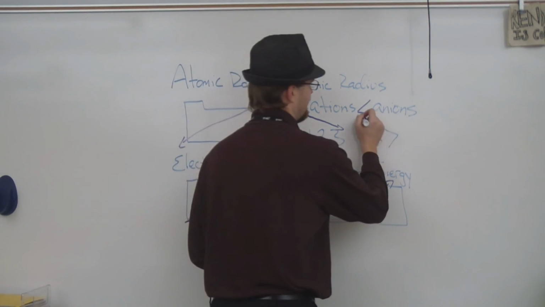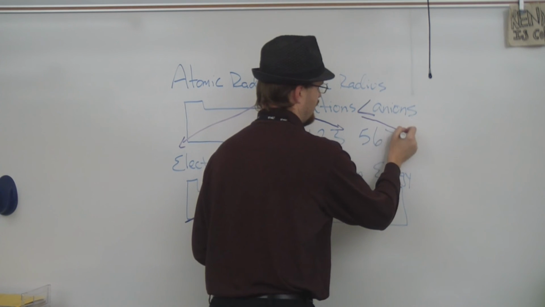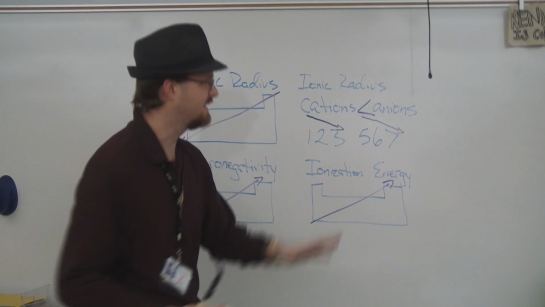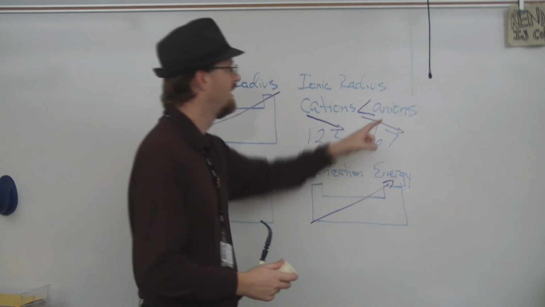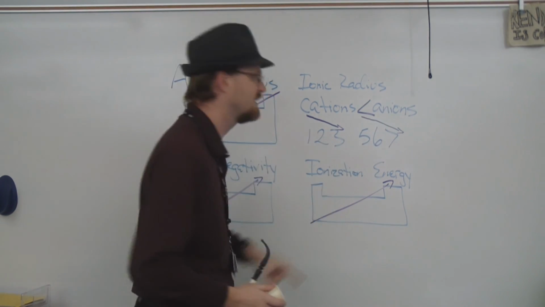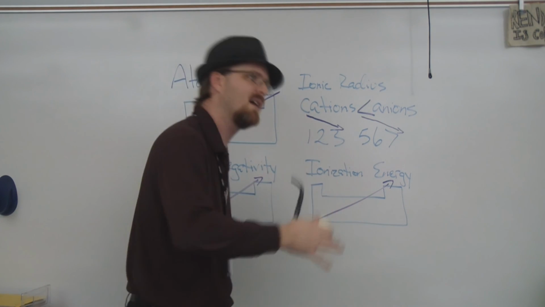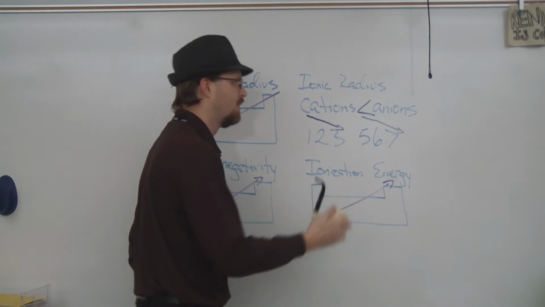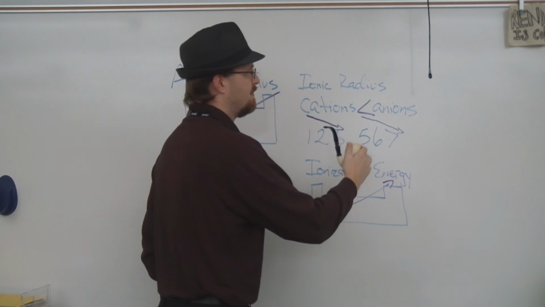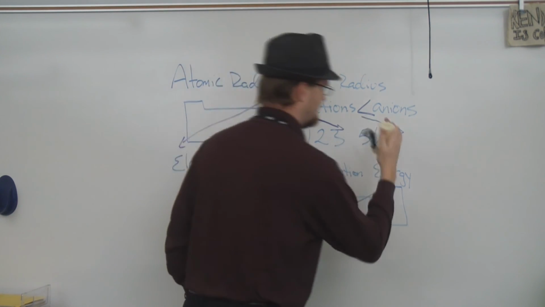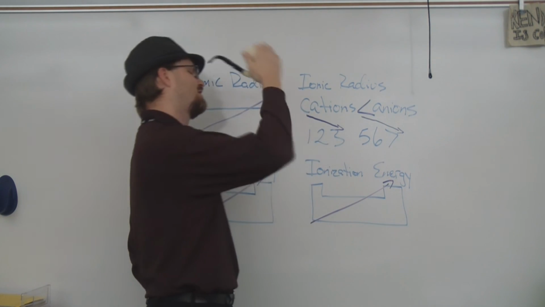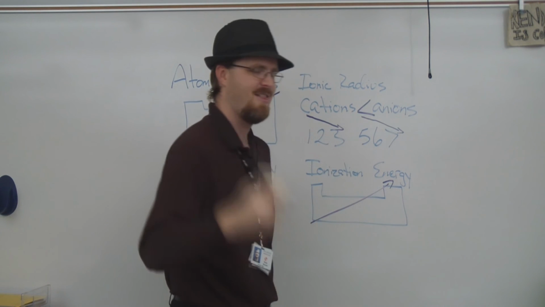So in this case, yes, 5 is greater than 6, which is greater than 7. Yes, but we must remember that the anions are greater than the cations. So if we were to compare atoms within the same period on the periodic table, group 5 must be larger than 6, which is larger than 7, which is larger than 1, which is larger than 2, which is larger than 3. There you go.